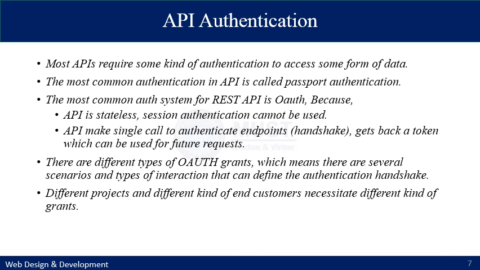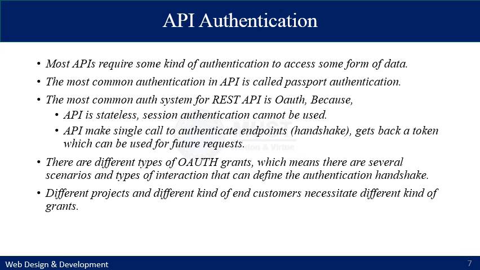The next thing is to authenticate your request using the API authentication mechanism. Most APIs require some kind of authentication to access data. The most common authentication in the API is called Passport authentication. The authentication system a REST API uses is token authentication because the API is stateless. Session authentication cannot be used.